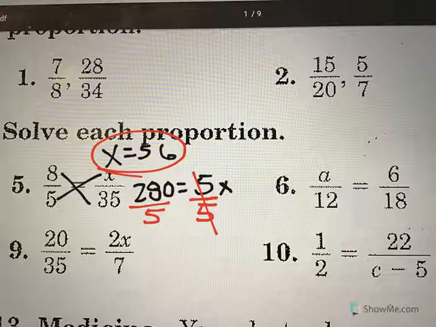Times 7. Whatever you do to the bottom, you do to the top. 8 times 7 is 56. Or we can cross multiply. 5 times x is 5x, and 8 times 35 is 280. What you're really asking is 5 times what equals 280? But to solve it algebraically, divide by 5, and you get x equals 56.